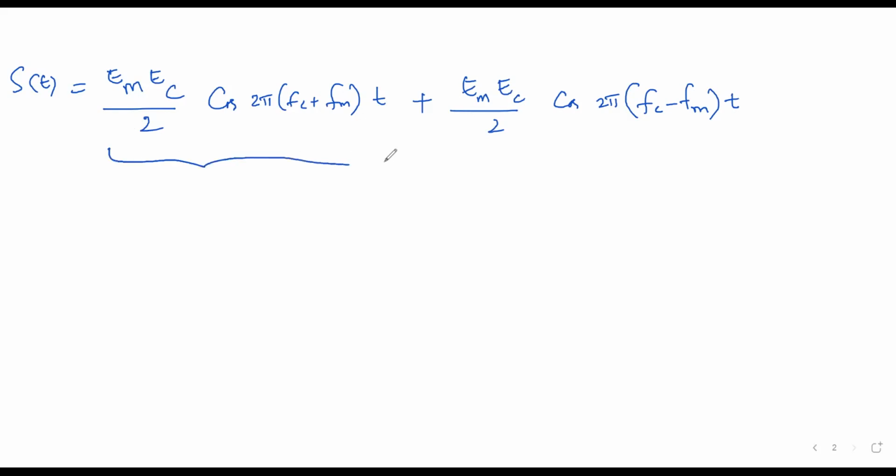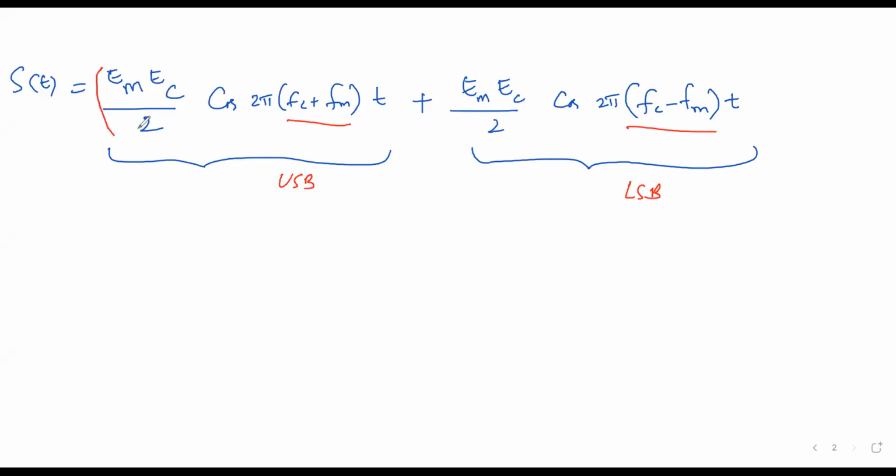So this is the one sideband, this is another sideband. So this Fc plus Fm corresponds to the upper sideband, and this is the lower sideband. So the frequency of upper sideband is Fc plus Fm, and its amplitude is Em Ec by 2.